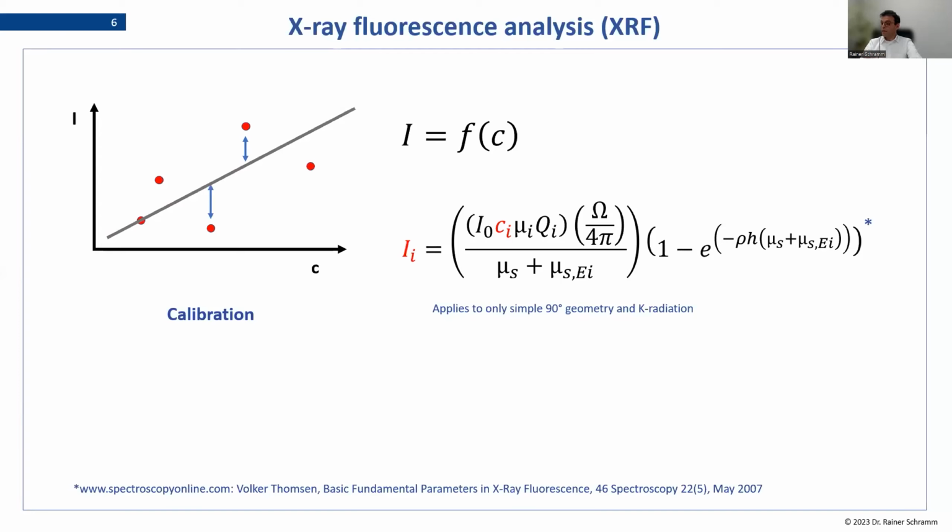Another question: can the sum of the elements for the cement program exceed 100%? I would say in a cement this is nearly not possible, but we know it from other applications. For example, you have an iron ore with the iron in a low oxidation state, like iron 2, and during fusion it oxidizes and adds oxygen, so in the end you can have more than 100%, at least on paper.